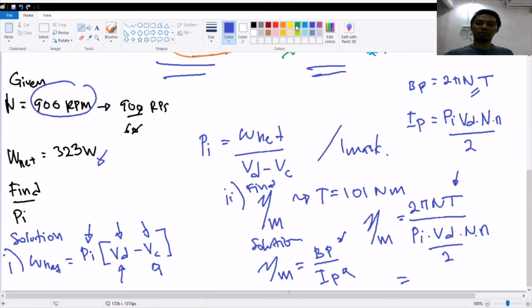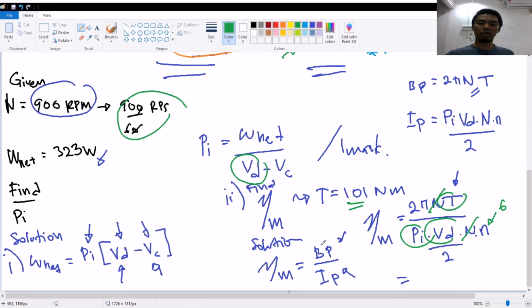You can also simplify this equation if you don't really understand how to change to rps here. You can just delete it. The number of cylinders you know already, 6. VD you already calculated here, and you already used it also here. T is given inside the question here. What else you don't know? PI you also already calculated here.